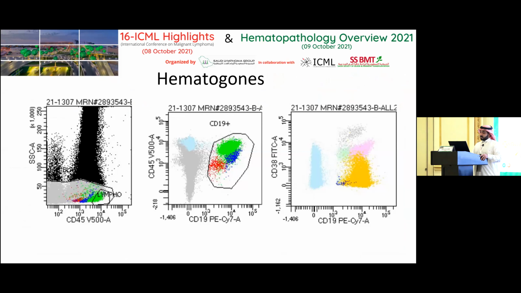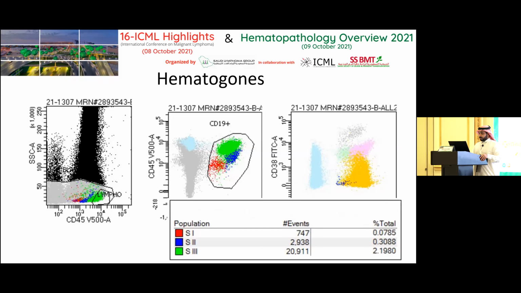So in the hematogone approach, there is a low side scatter, and when you gate on CD45 and CD19, you can also see the type and dim expression of CD38.